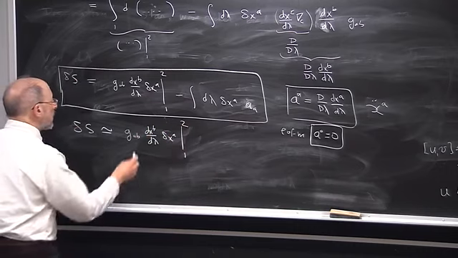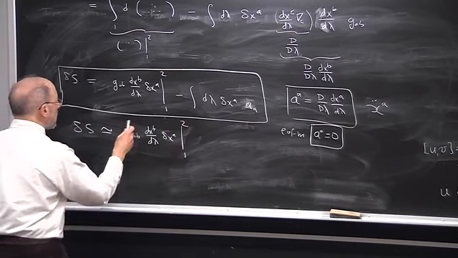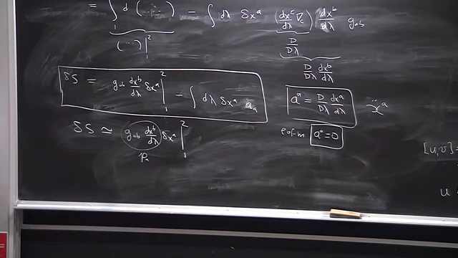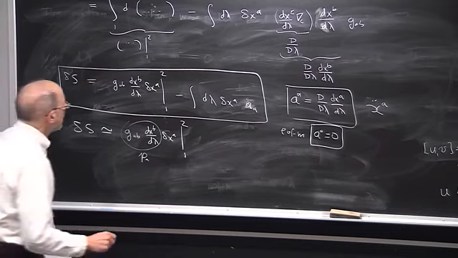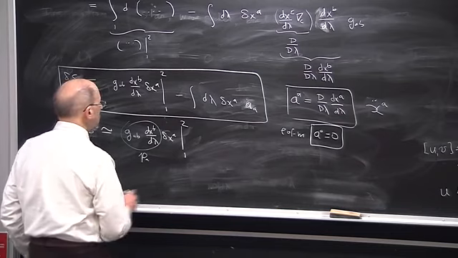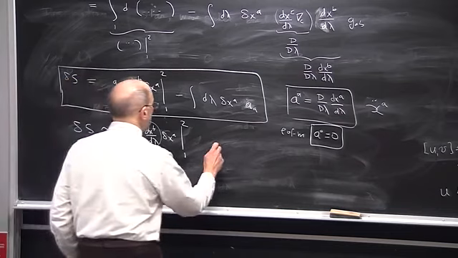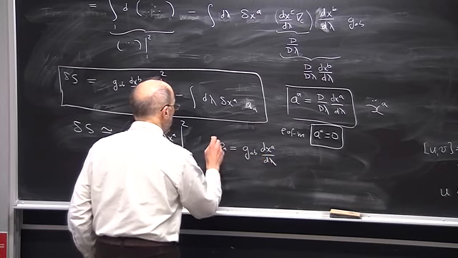But this was what we defined to be p, the momentum, the thing that multiplies the variation in x when you vary the endpoints. And so what we've learned, not a big surprise, is that P_A is equal to g_AB dx^A/d lambda.